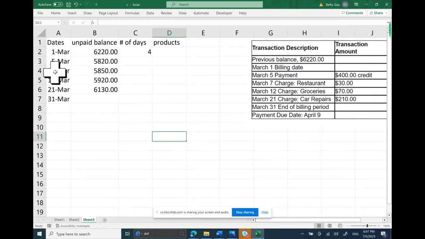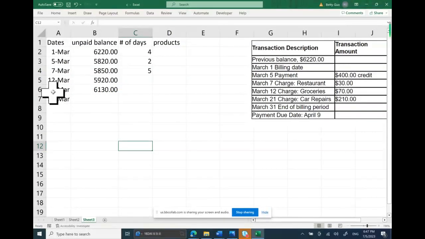And a trick is you can use 5 minus 1, you get 4. And the second balance, 5,820, stays on your credit card for how many days? For 2 days, until it changes again on March 7th, right? Does that make sense? Yeah, March 5th, March 6th, 2 days. And this balance 5850 stays on your credit card for 5 days.